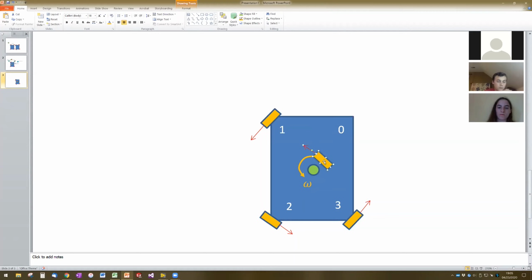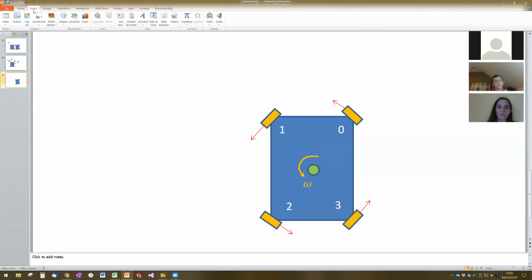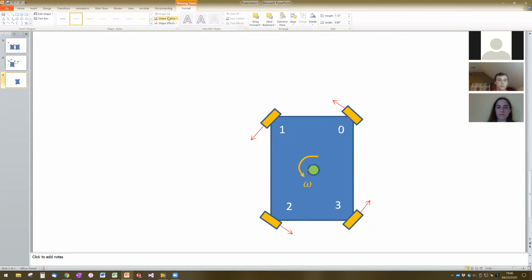Does anyone have any questions or thoughts about that concept, conceptually or physically? Okay. So the things that we care about are, we know we need something to describe the distance, which I'm going to call a radius.